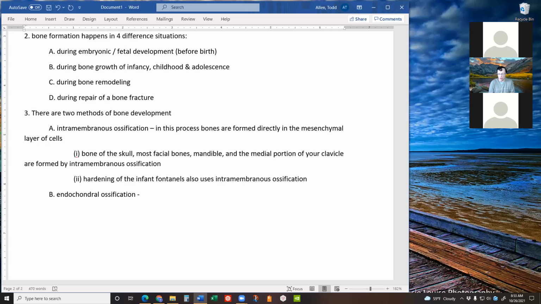This is why this is called the hyaline cartilage model. Endochondral ossification is a hyaline cartilage modeling process. Bones form within and replace hyaline cartilage. By far, most of the bones of your skeleton develop in this manner.